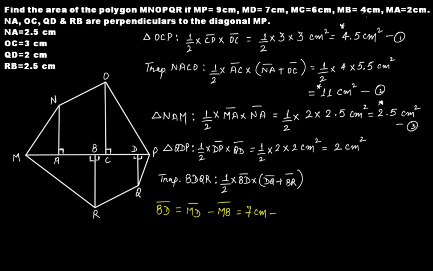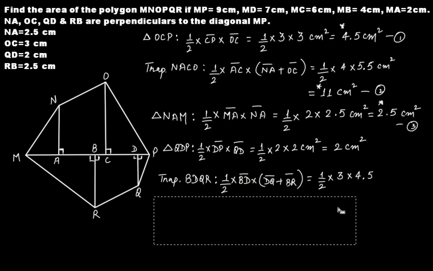MB is 4 centimeter. So you get 3 centimeter, right? So if you put this value here, half, BD is 3 centimeter, multiplied by DQ plus BR. DQ is 2 centimeter. What is the value of BR? That is 2.5. So 2 plus 2.5 is 4.5.